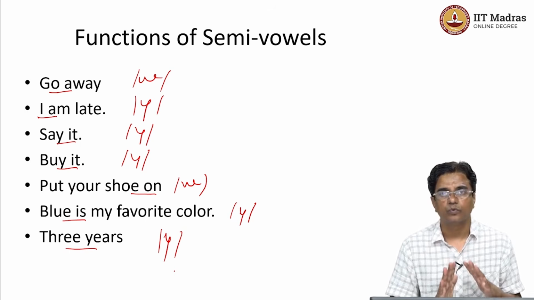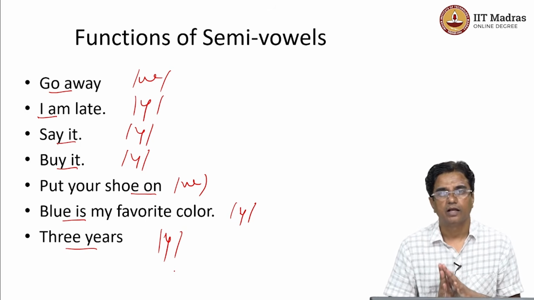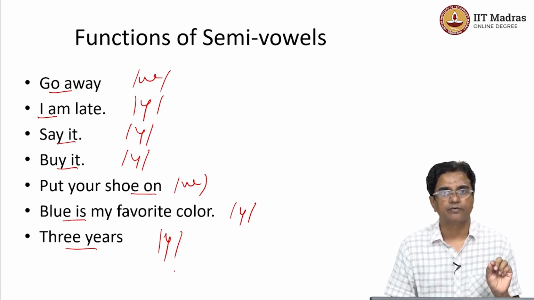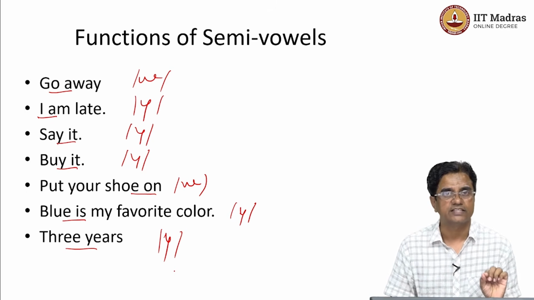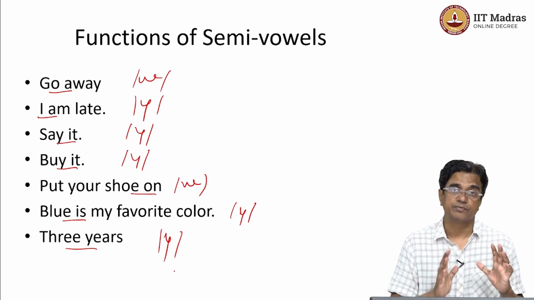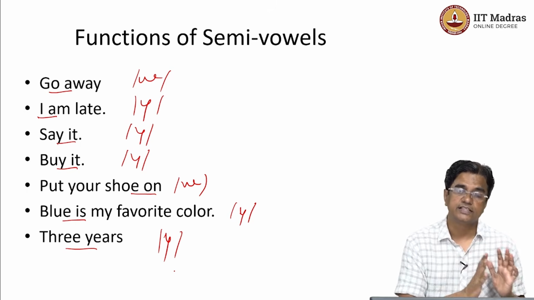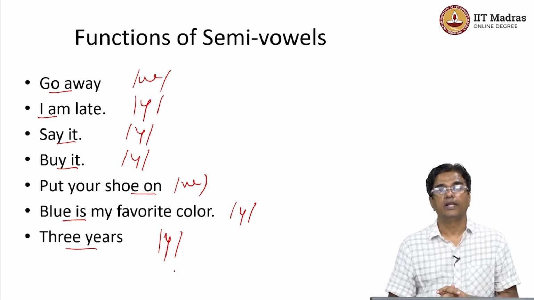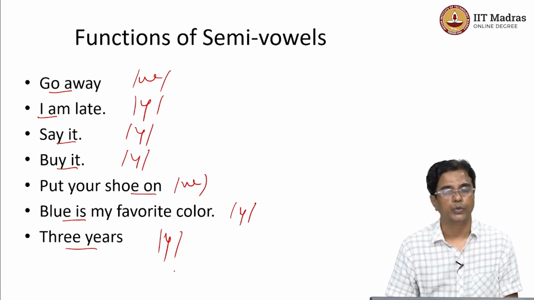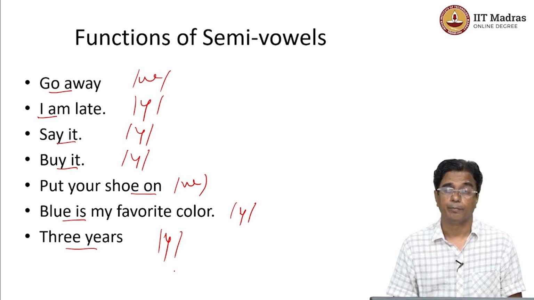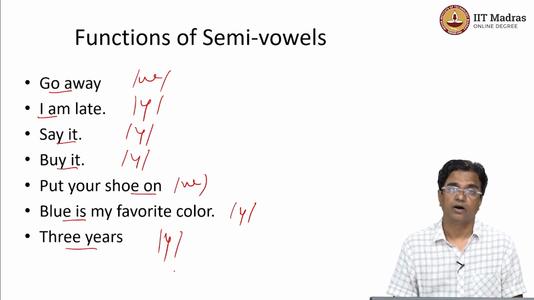These are the things we need to pay attention to. Again, I will end by telling you a careful understanding of these sounds, that is, the information about diphthongs, types of vowels, and semi-vowels, will help you improve not only your pronunciation, that is, how you speak, but also understanding how others speak.